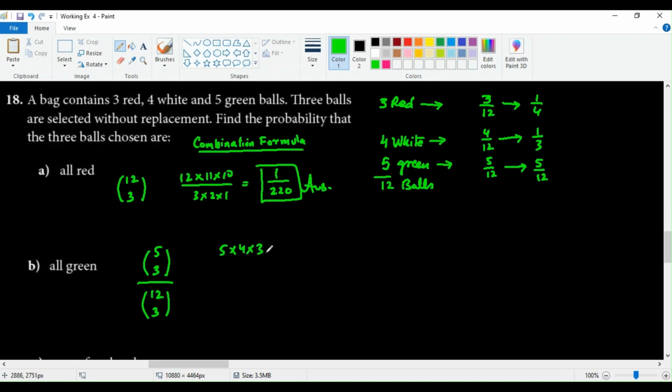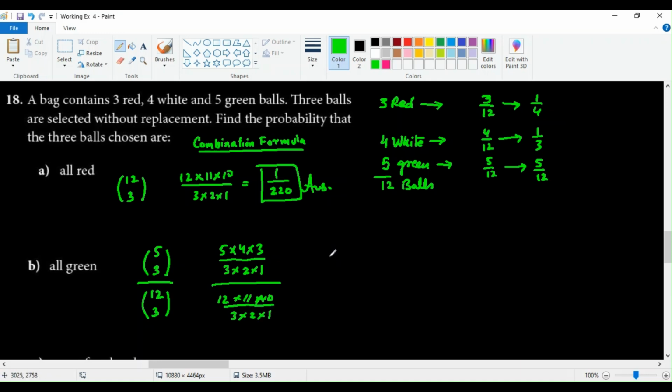We will not write 2 because we are talking about 3 possibilities only. And here we write 3 times 2 times 1. Then this whole thing is divided by 12 times 11 times 10 divided by 3 times 2 times 1.